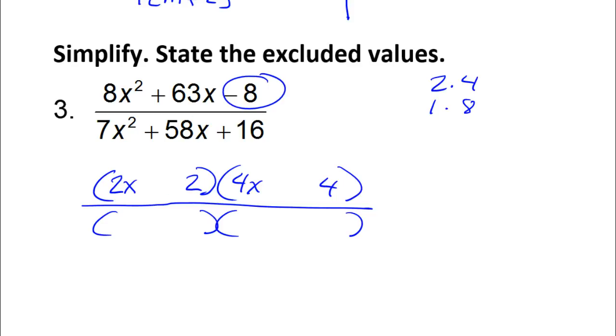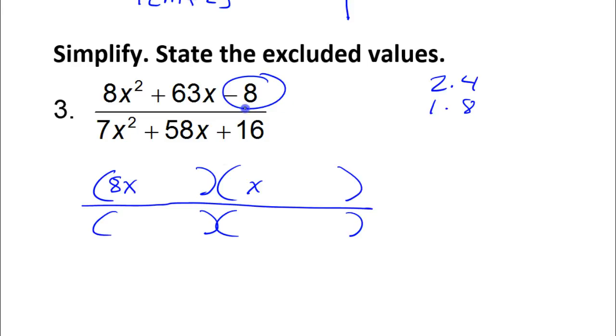So that's no good. And it wouldn't matter if I switch it around. Or even if I try to do 1 times 8, I'd still have a GCF over here. So that means the 2 times 4 option is not working. So it must be 8x and x. All right?